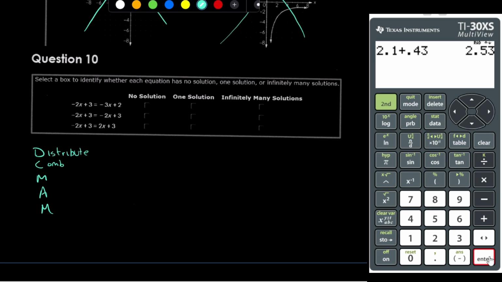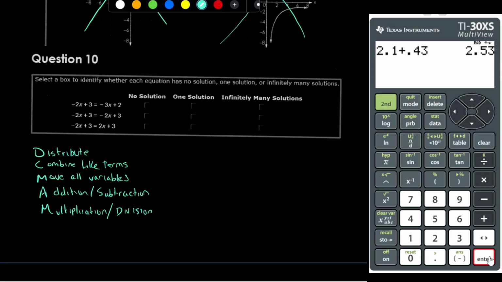Combine like terms. Move all variables to one side. Undo addition and subtraction. Undo multiplication and division.